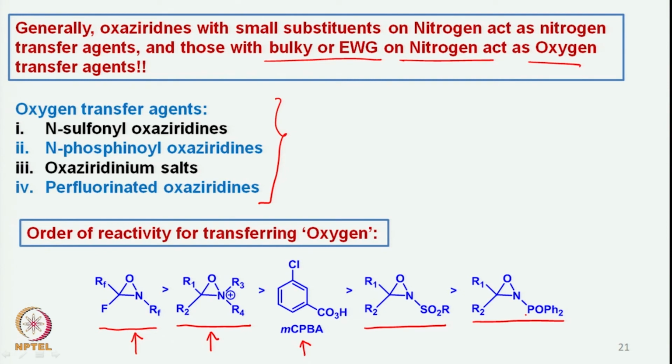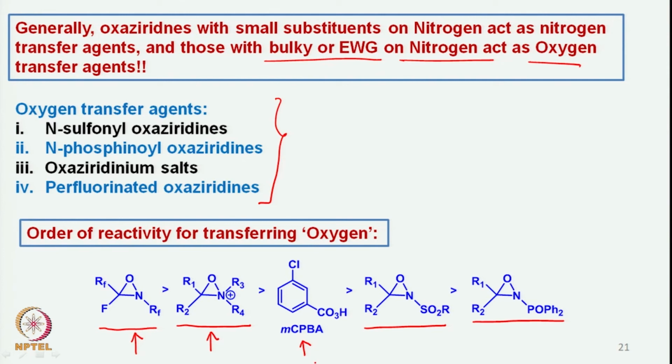Then the phosphinoyl type of oxaziridines are less reactive than the corresponding sulfonyl type of oxaziridine. So, this is the reactivity pattern of the oxaziridines that one can think about.